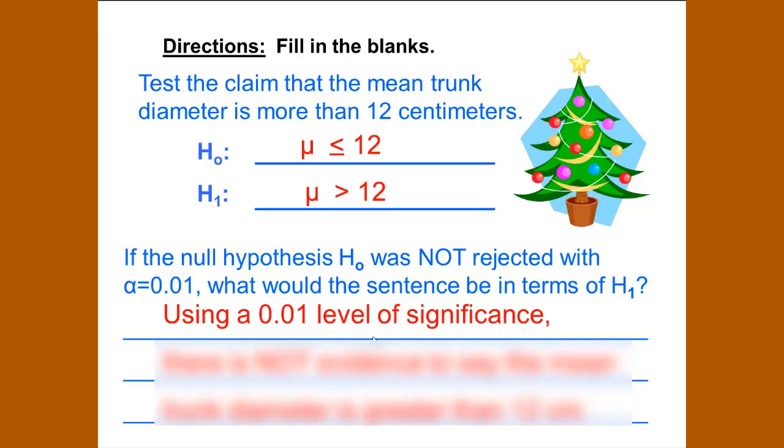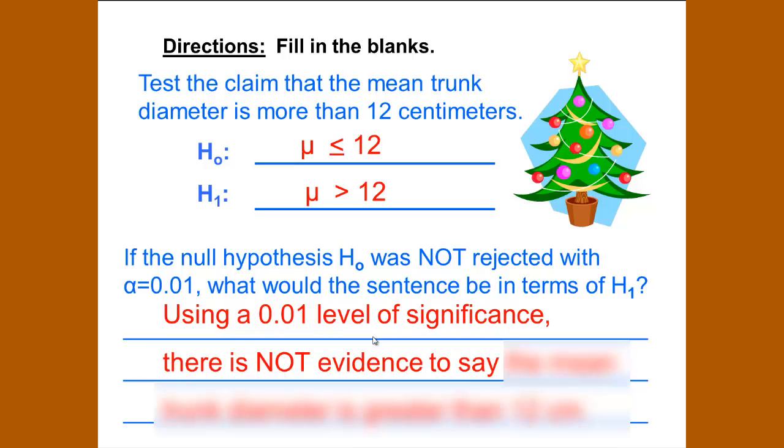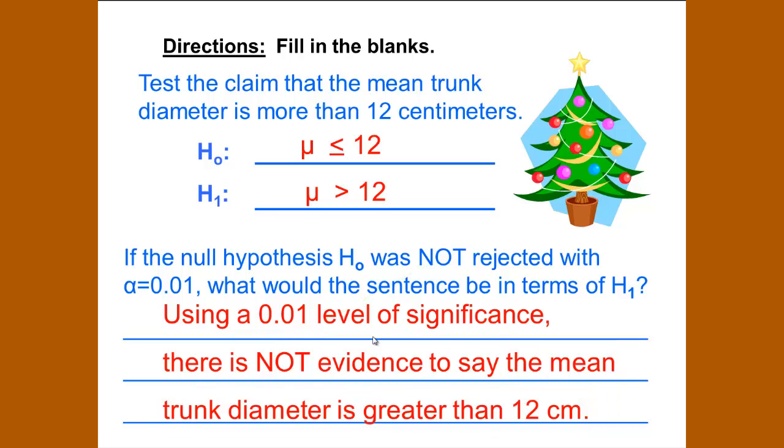The first part, using a 0.01 level of significance. There is not enough evidence to say, not because the null was not rejected. There is not enough evidence to say, and then repeat the claim that the mean trunk diameter is greater than 12 centimeters.